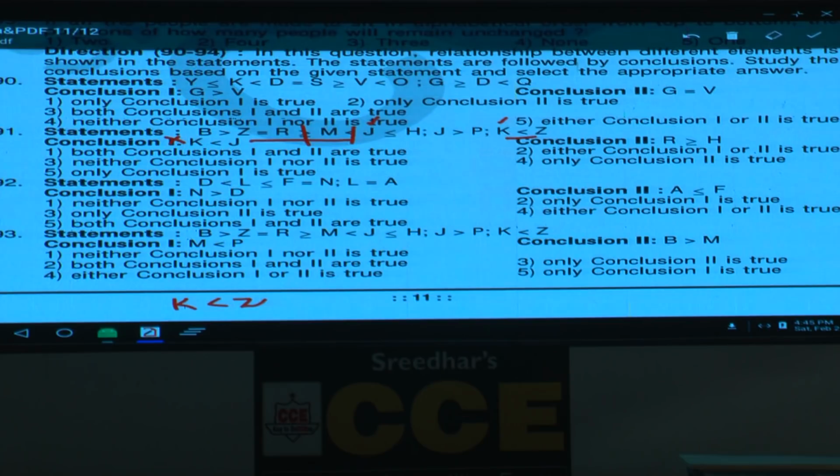Coming to conclusion 2: R greater than or equals to H. R is here, H is here. Between R and H there is one greater than and one lesser than, two opposite symbols, so this also cannot be drawn. Then what is your answer here? Neither 1 nor 2, that is choice 3. Question number 91, choice 3.